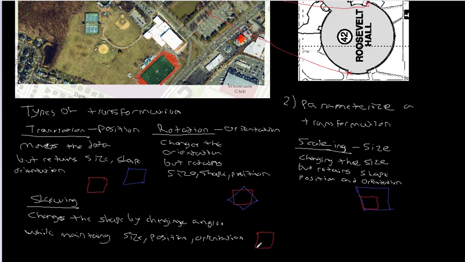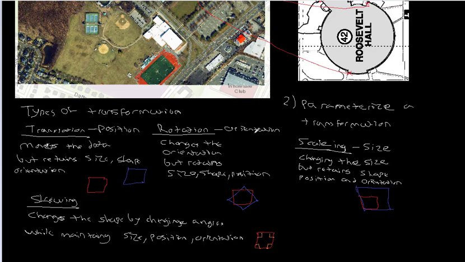So you could imagine right now, let me grab a different color, if this drawing was accurate, we would have four right angles. This would be a square.